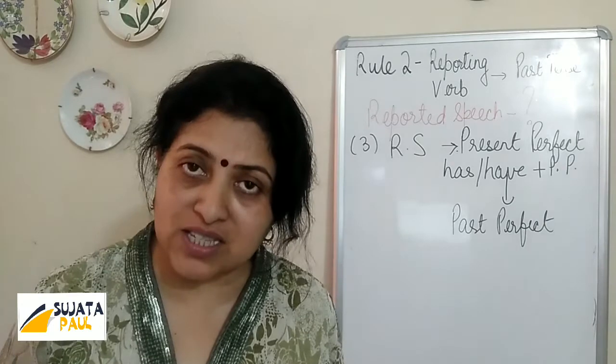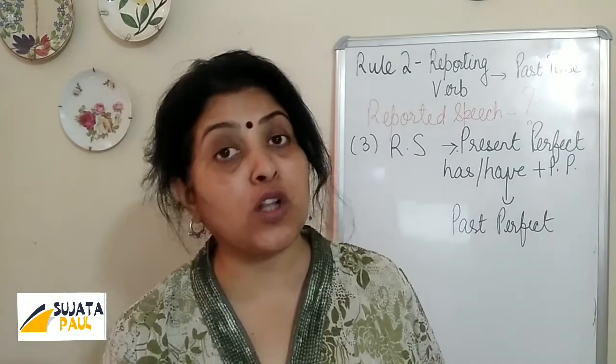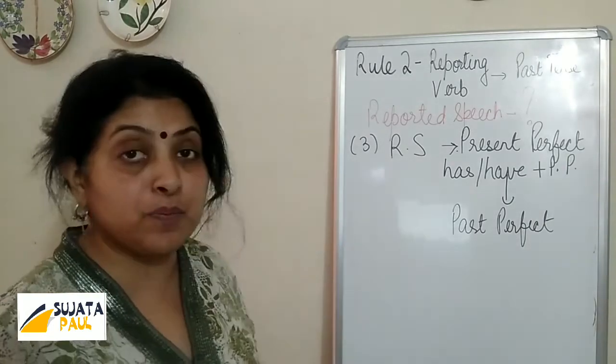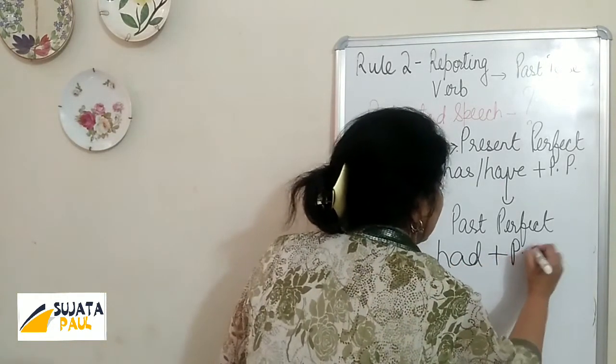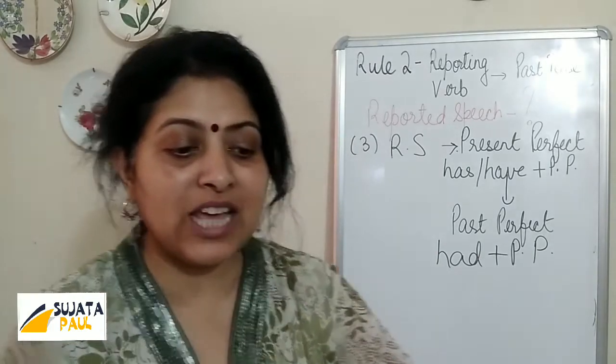Present tense is called the first form, past tense is called the second form, and past participle is called the third form. Then past perfect will have had plus past participle. This is what you need to remember.